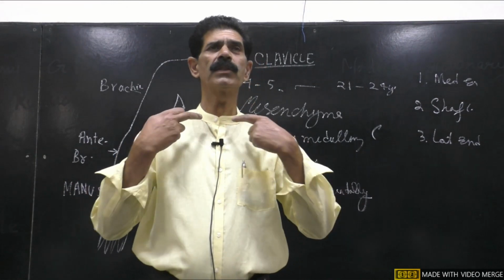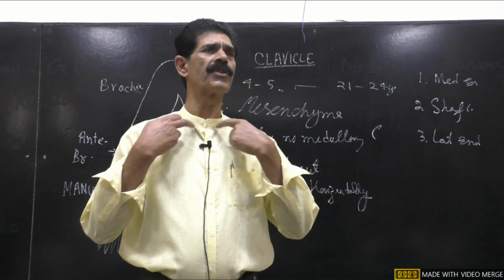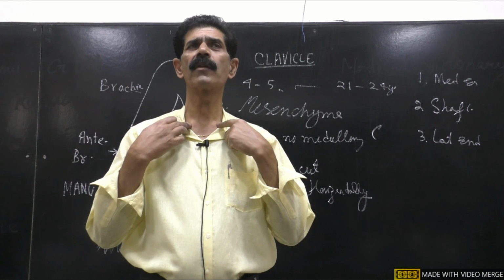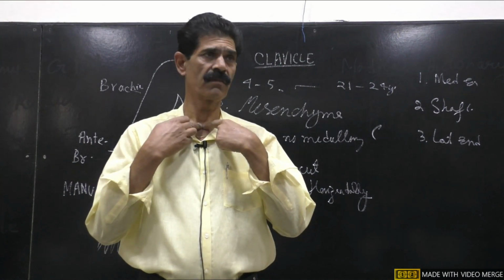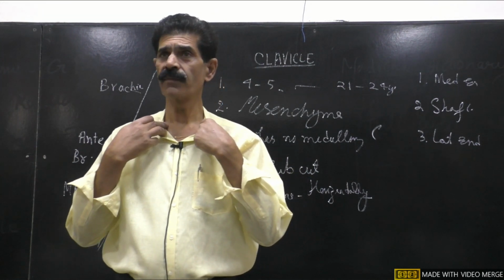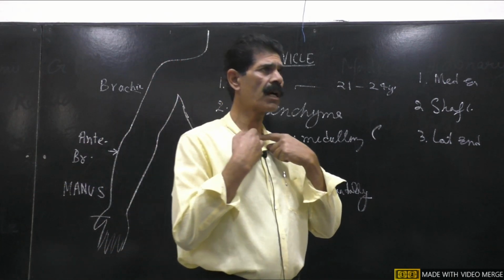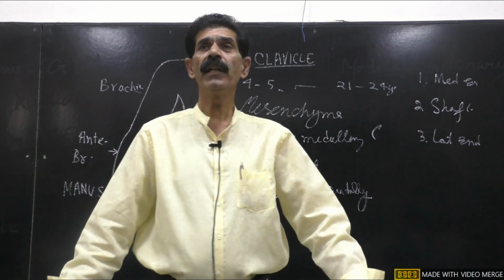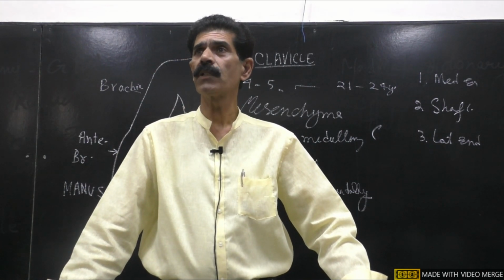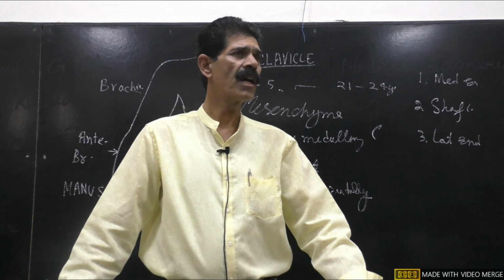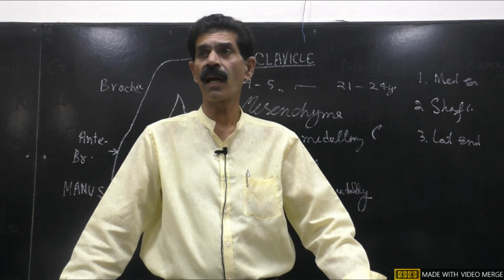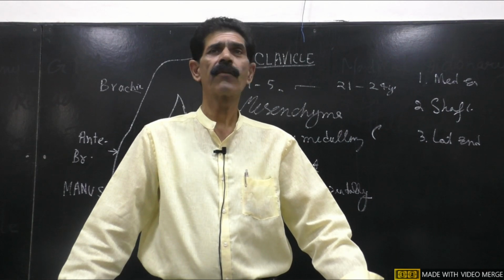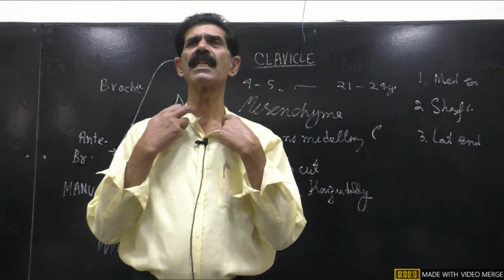And these 2 sternoclavicular joints are very, very near to each other. Both the sternoclavicular joints are further strengthened by an interclavicular ligament. The interclavicular ligament makes the 2 sternoclavicular joints much stronger and lifelong. That you should know. And where does this ligament pass?